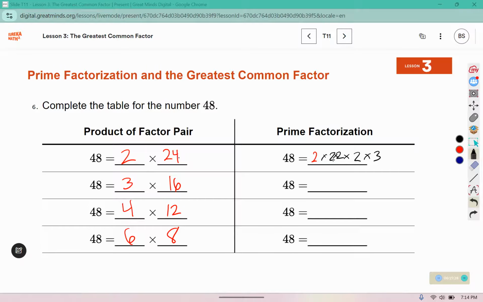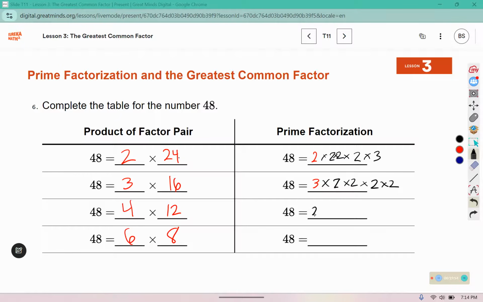So I have 1, 2, 3, 4 2's, and a 3. 3 is prime. 16 can be split into 4 times 4, but 4 can be split up into 2 times 2, and 4 can be split into 2 times 2. So again, we have 4 2's and 1 3.